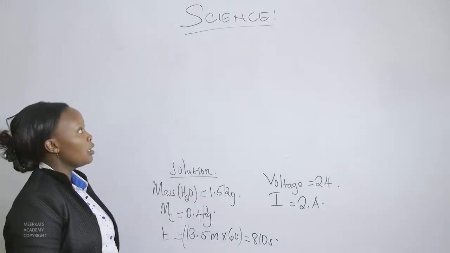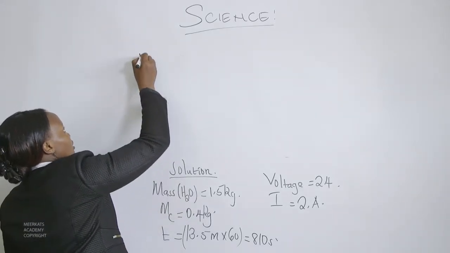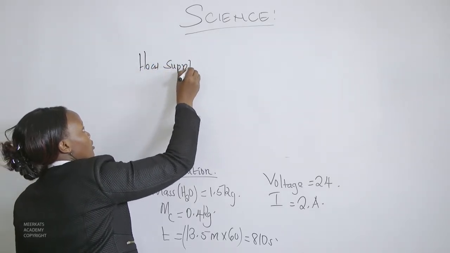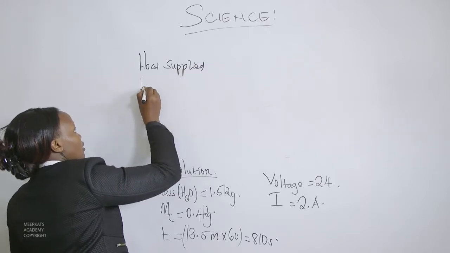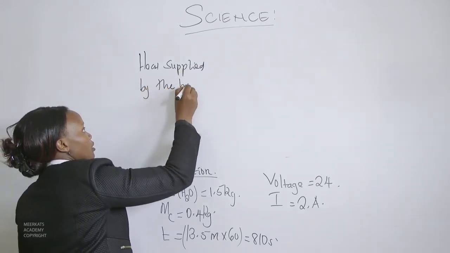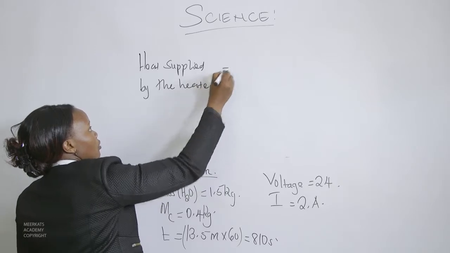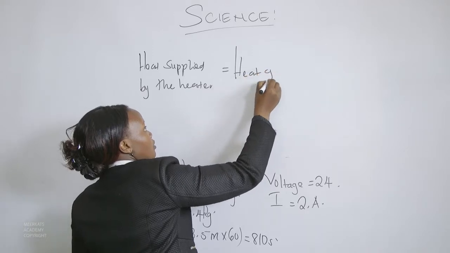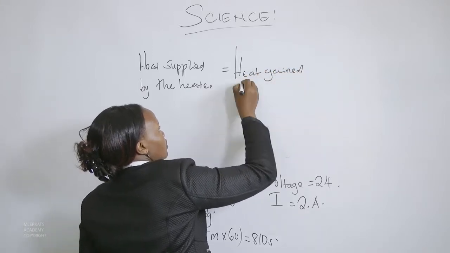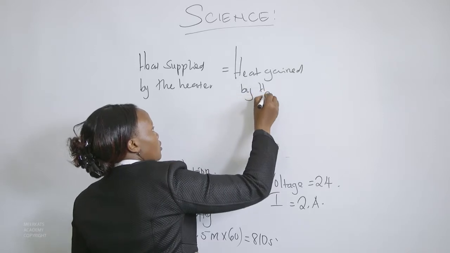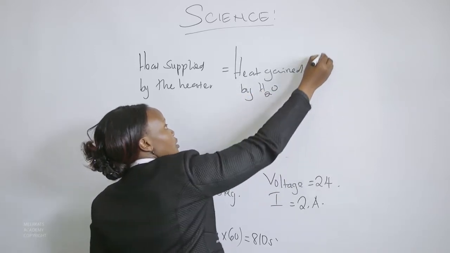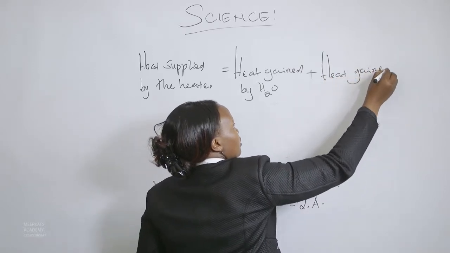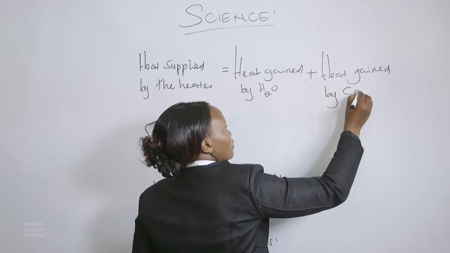Now here we equate the heat supplied by the heater. We equate this to heat gained by water plus the heat gained by the calorimeter.